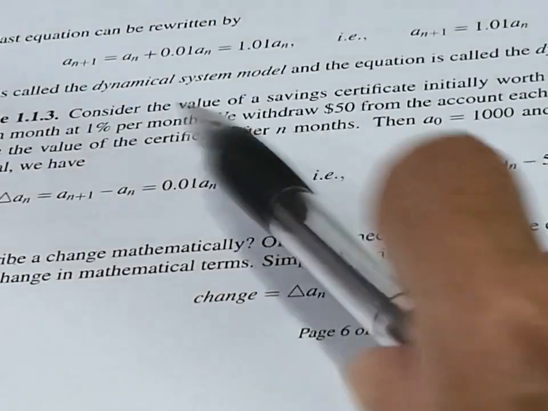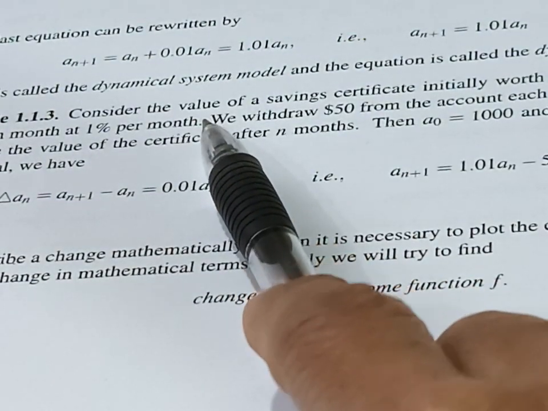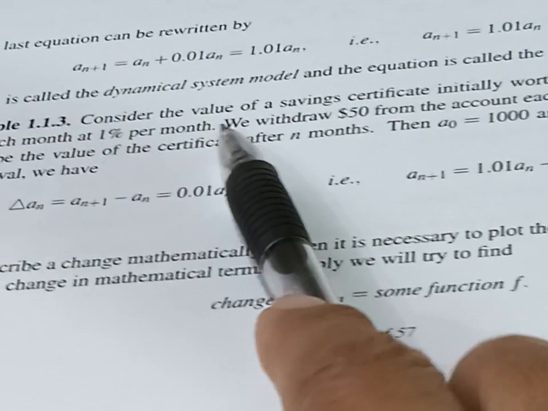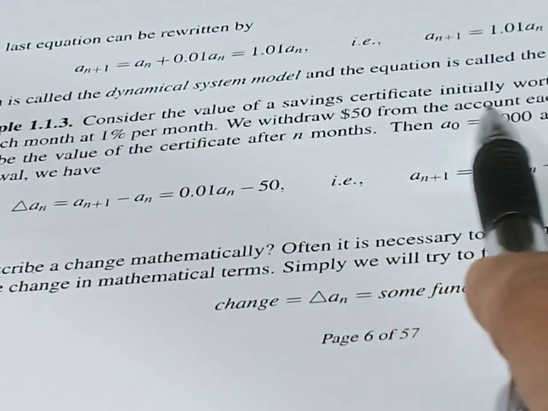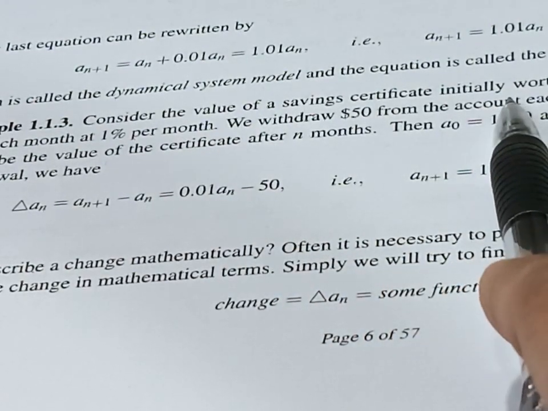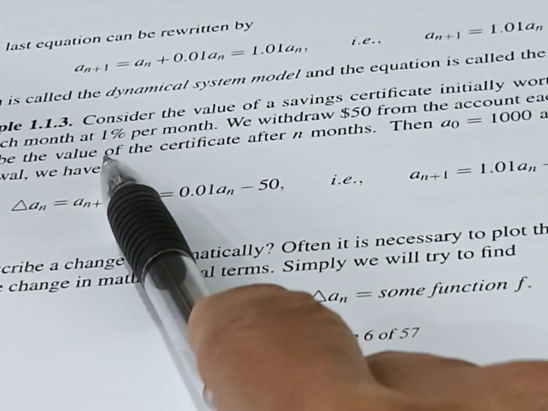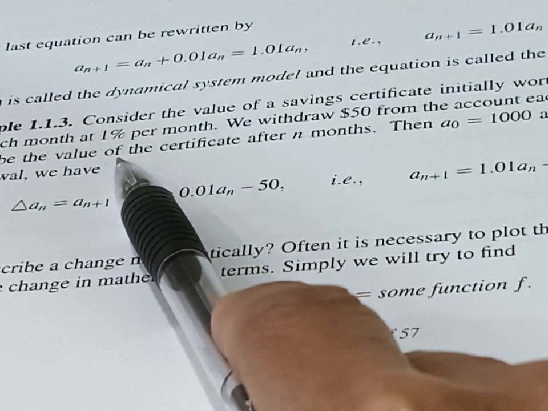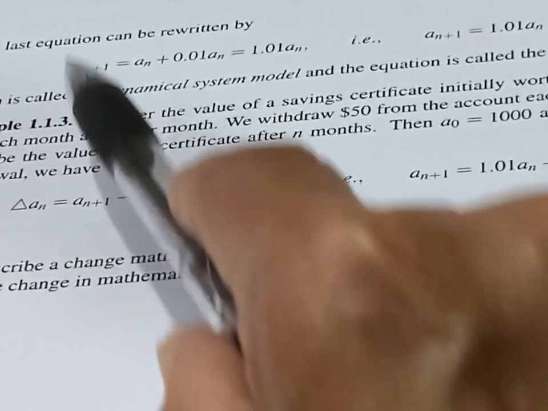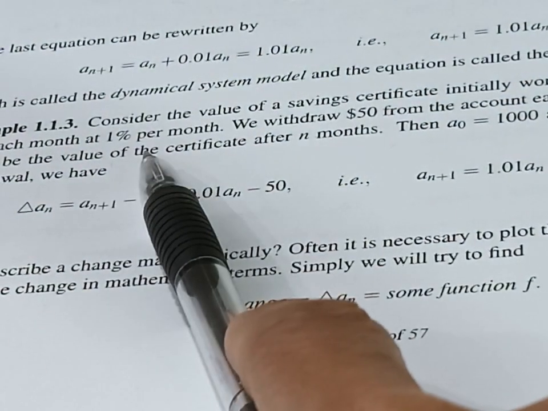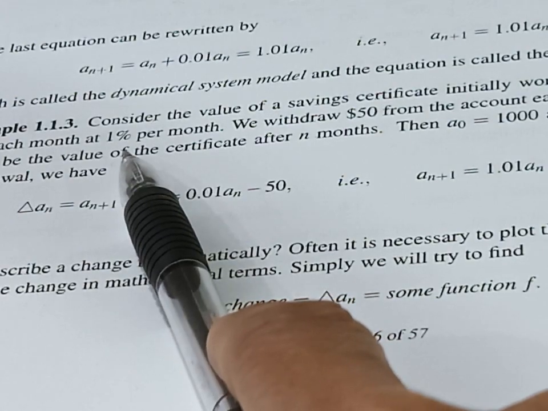Okay, now an example. Consider the value of a saving certificate initially worth RM1,000 or $1,000 that accumulates interest paid each month at 1% per month. So this example is about the same as the earlier example. The interest rate given is 1% per month.